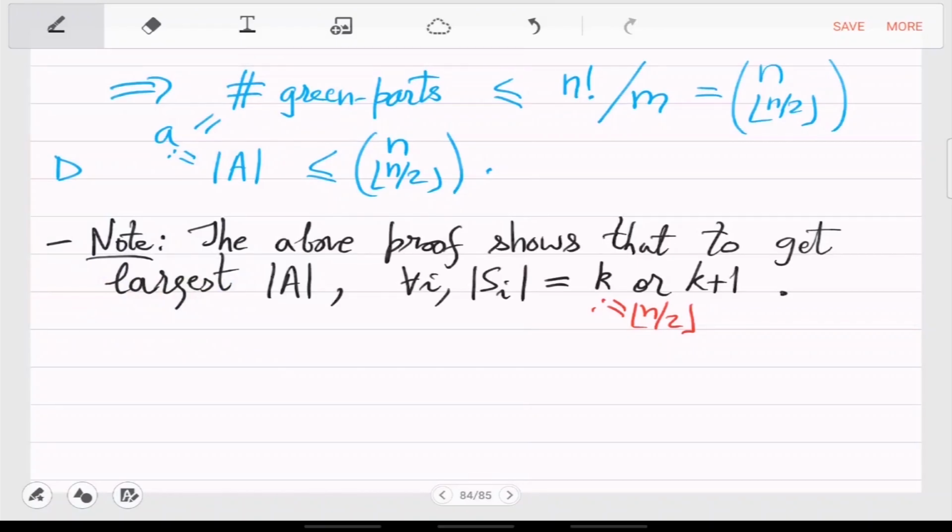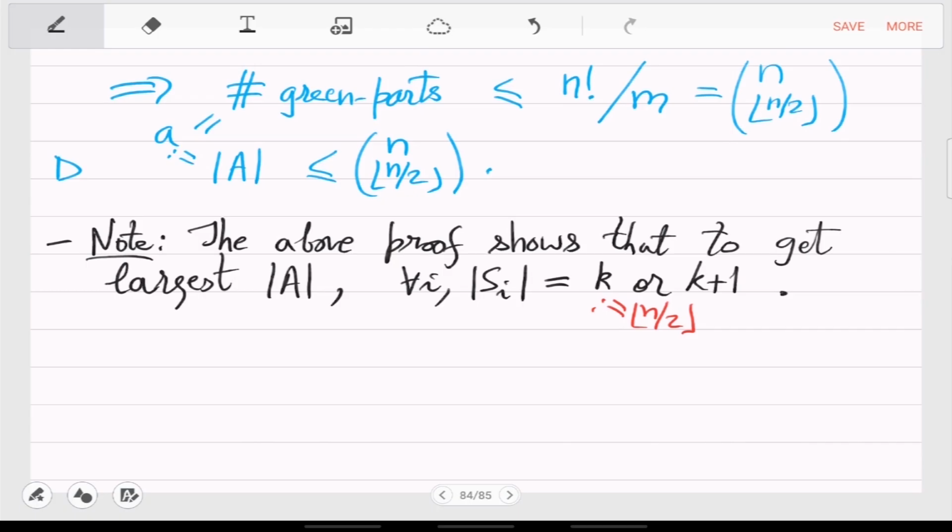Do you see this? Is there anybody who does not see this from what we just did? That when you are interested in maximizing your anti-chain, then for every set that it has, the size possibilities are only 2. I mean, it will be 2 if n is odd.